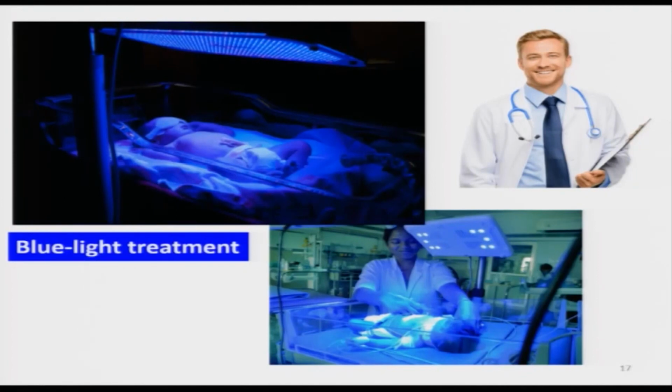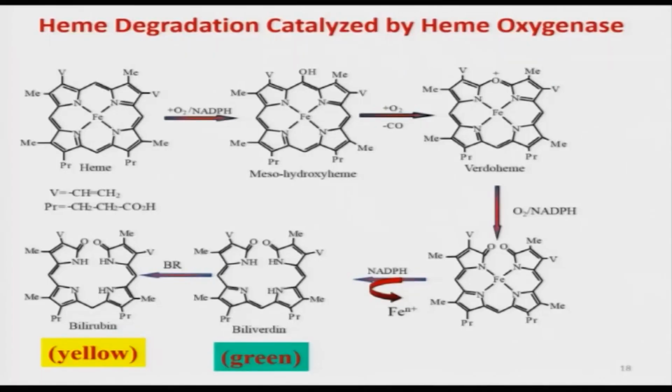In the village, mostly the mother exposes the kid to sunlight, and that UV light is sufficient to destroy this excess bilirubin, which is being deposited on the skin. Now, going back to this heme degradation process, which is catalyzed by heme oxygenase, as I have just discussed.